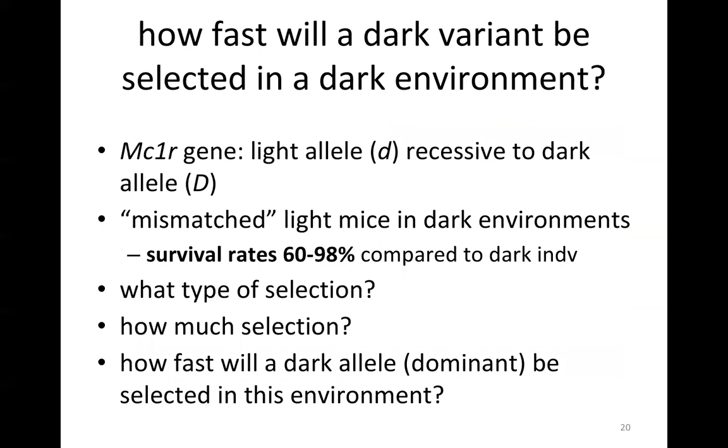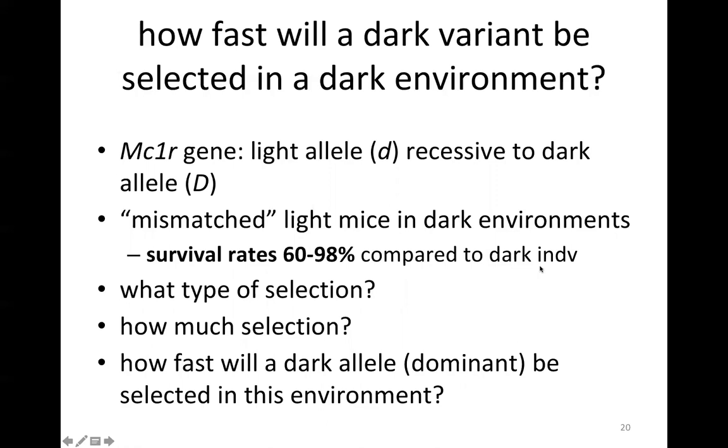Assuming selection is the only force. The variant here was already identified, a variant in the MC1R gene. And the dark allele is dominant, it turns out. It also turns out the mismatched light mice, which represent the ancestral phenotype, if you put them in a dark environment, their survival rates are 60 to 98% lower than the dark individuals.